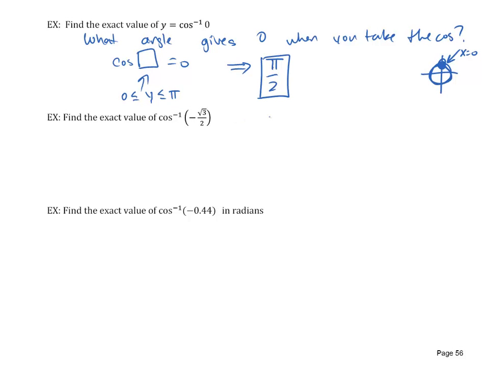Alright, so cosine inverse of -√3/2. We're asking, okay, in the upper half plane, from -1 to +1, where is the x-coordinate equal to -√3/2? X-coordinate, right? Which is going to be somewhere over here. In fact, it's more than halfway. It's this guy right here.